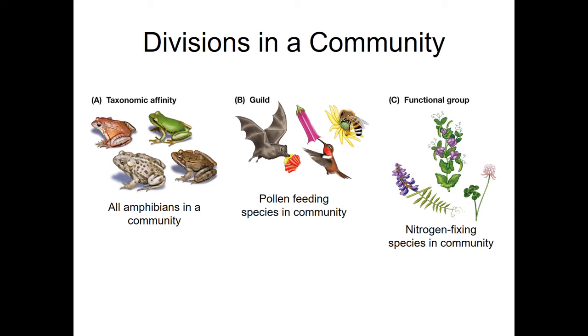Another way we might subdivide our communities is based on functional group. As the name suggests, a functional group performs a specific kind of function. So it's species that perform a similar task.